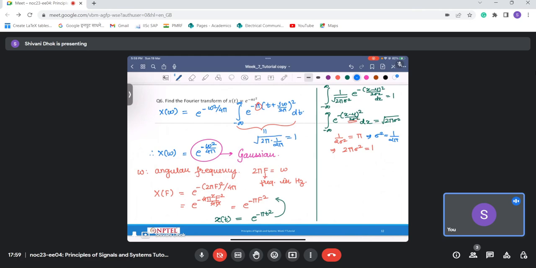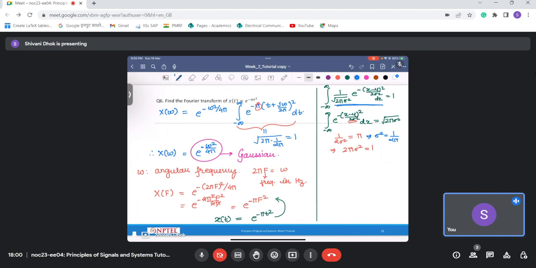If you look at the random variable stuff, there is one Gaussian random variable which has a probability density function like this, and if you integrate the probability density function, it leads to the value 1. So this is a standard property. You can take this as it is for reference.